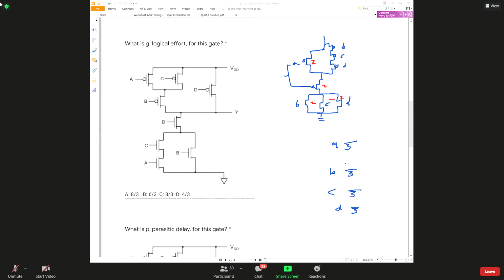Help me. 6, exactly. So what is the input capacitance for A? 4C. Exactly. Logical effort for input A is 4/3.